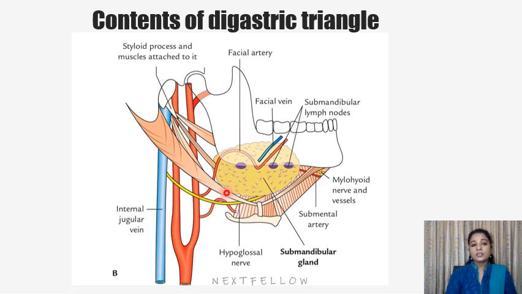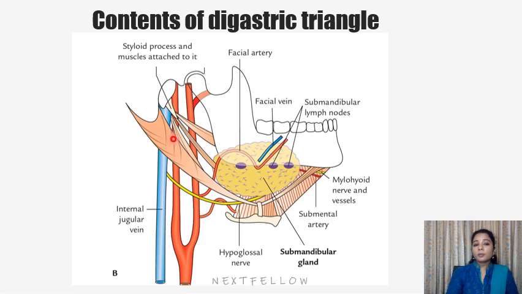We can see the hypoglossal nerve as a content. So these are the structures superficial to hyoglossus. Even the intermediate tendon of digastric is also superficial to hyoglossus.